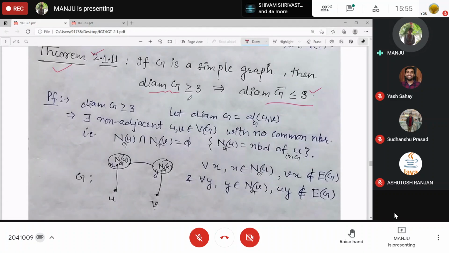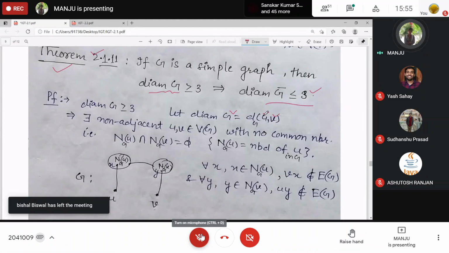It is the largest, maximum distance between any two points over all the vertices. So there will be some two points U and V between which the distance is that maximum. Those two points we have taken as U and V, marked in G.